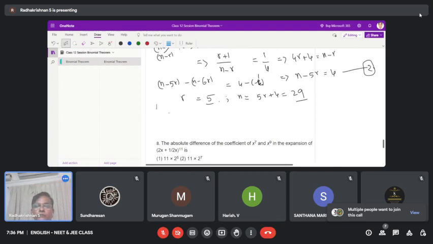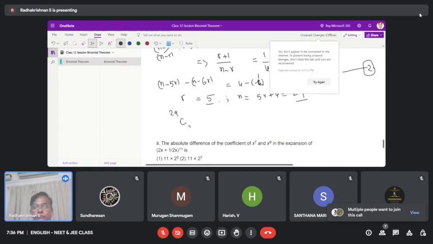That means the fourth term is 29C3. Sorry, fifth, r equal to 5. One minute, T(r+1) equal to nCr.